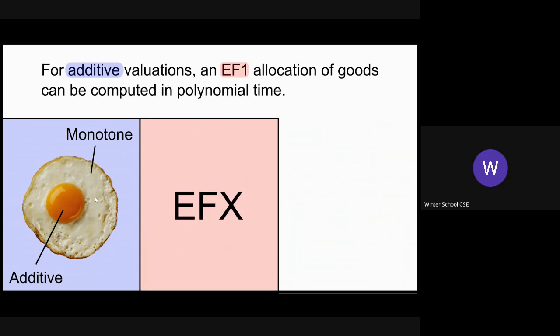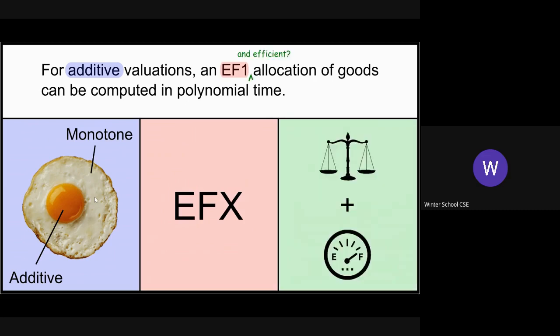Another direction that we saw was to generalize the fairness notion, right? So EF1 was great, but we were more ambitious. We wanted EFX, and we talked a little bit about it. Another direction that we did not talk about so far, but we will in this lecture, is that of asking for something called economic efficiency in addition to fairness. Okay, so it's not just enough to allocate resources fairly. You should do it in a way that you cannot improve upon in a certain sense, right?